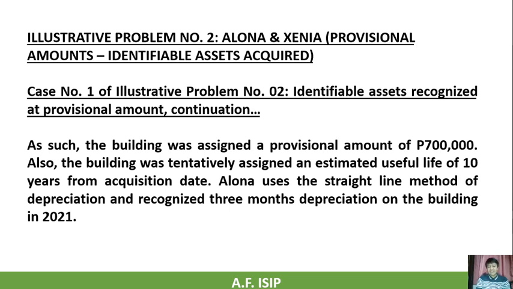Alona uses the straight line method of depreciation and recognizes 3 months depreciation on the building in 2021. So, why 3 months? Because the date of the acquisition is September 30. So, they have 3 months from October to December. That is why the depreciation recognized by Alona is for 3 months.